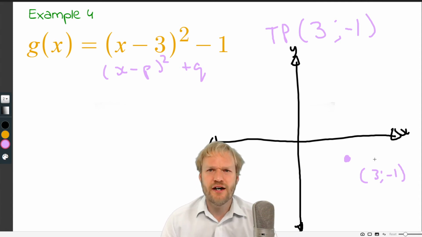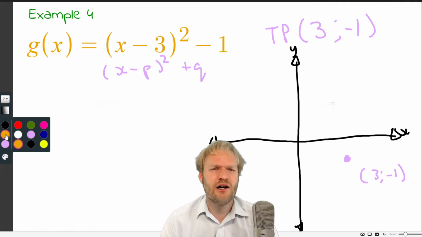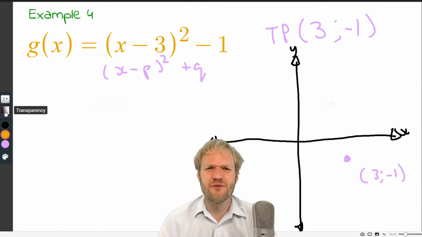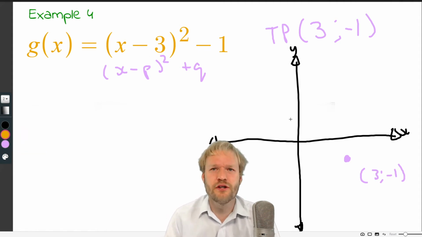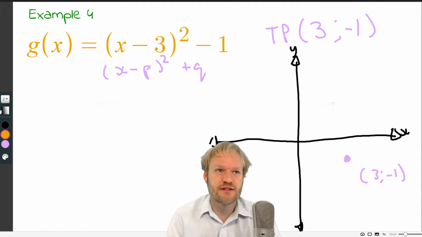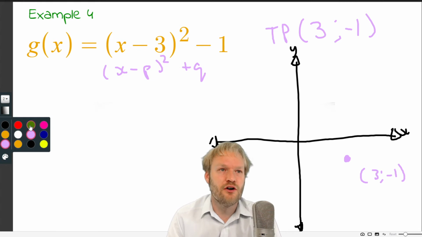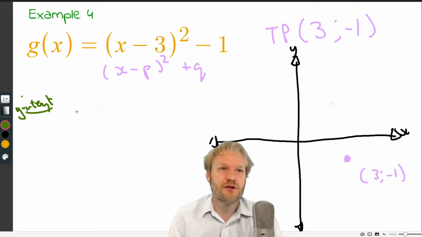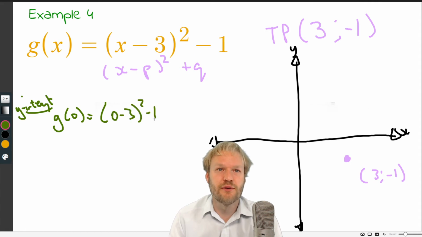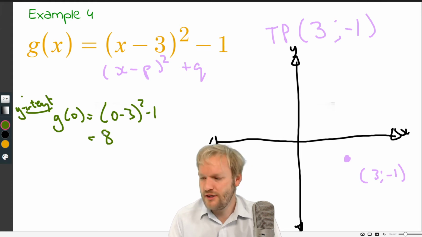So I recommend we find our y-intercept, because then we have a sense of where this graph goes. How do we find the y-intercept of any function? Well, we know that x is 0. So for our y-intercept, we find g of 0 is 0 minus 3 squared minus 1. 3 squared is 9, 9 minus 1 is 8, right?